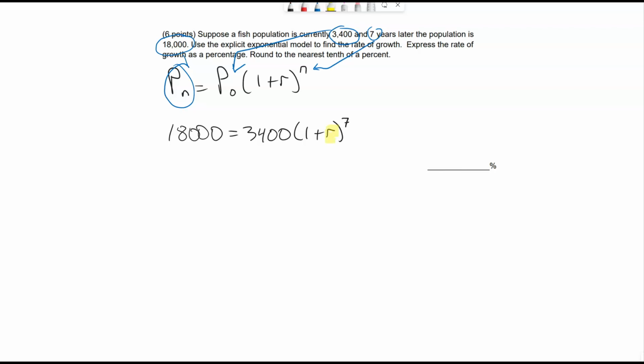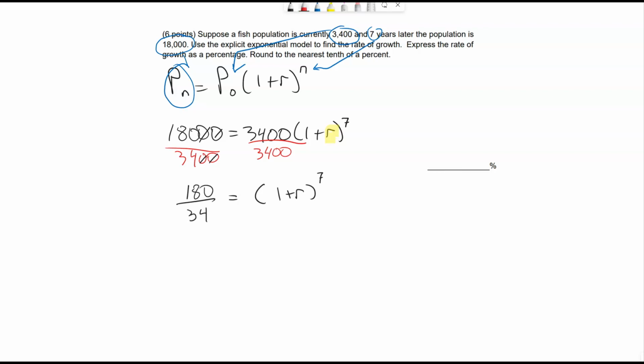So we do our basic arithmetic first, add, subtract, multiply, divide stuff, and that would be divide by the 3,400. And we can reduce a couple of zeros. I'm not going to reduce much more because I'm going to use my calculator anyway, but it makes it a little bit easier to write this next line. And now we have 1 plus r to the 7th power.